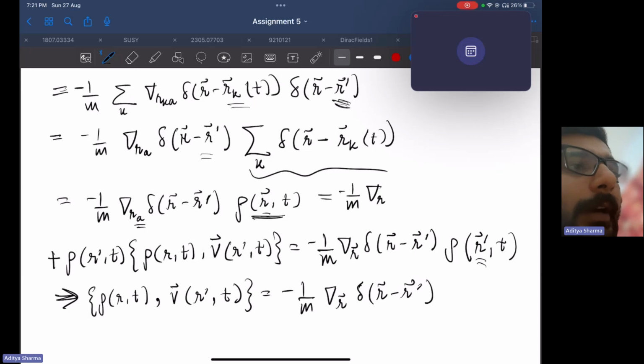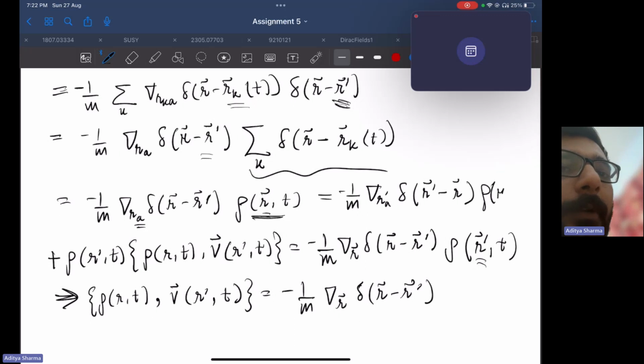Dirac delta of R prime minus R. So I'm renaming R and R prime. This R is R prime minus R. Since this is even, it doesn't change anything. I can always write this to be R minus R prime.